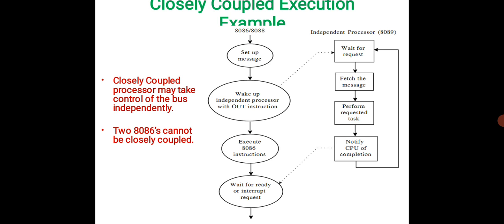So this will set up a message, it will wake up the independent processor, execute 8086 instructions, and wait for the ready or interrupt request. This independent processor is the 8089, which is an IO processor.